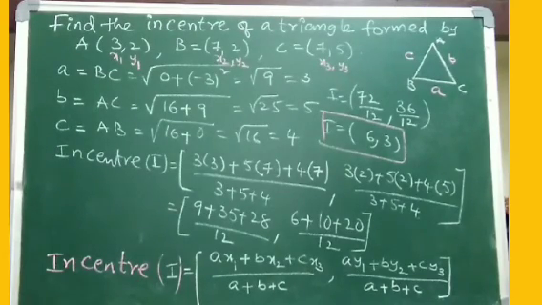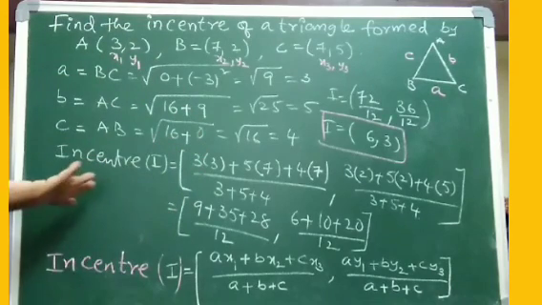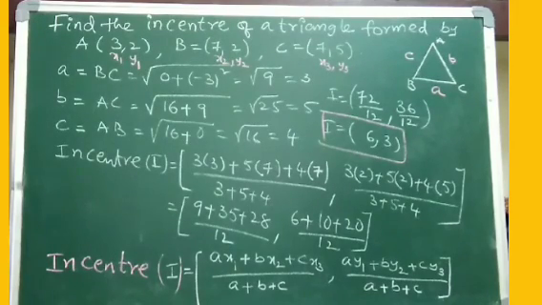Now, irrespective of whether it is a right angle triangle or any other triangle, you can use it. But I told you, the advantage is only for an equilateral triangle, where you need not do all these things. Because if it is an equilateral triangle, we discussed even in the last class, all centers are equal to the centroid.